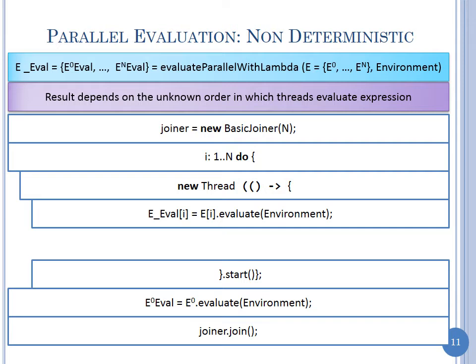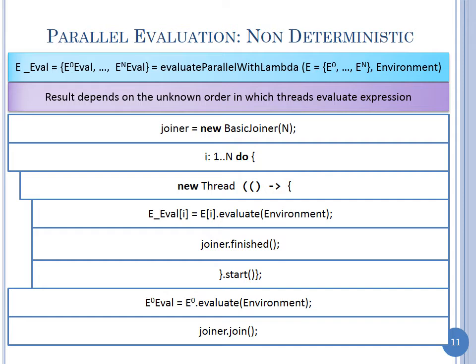What should go in this blank box? So joiner.finished. Finished will go and call notify. So there's this magic joiner object that you have to implement, but we know the semantics right here.